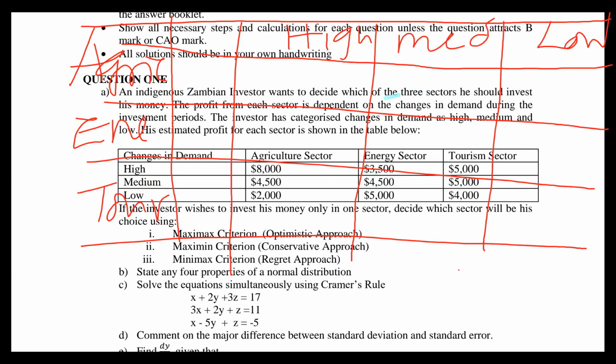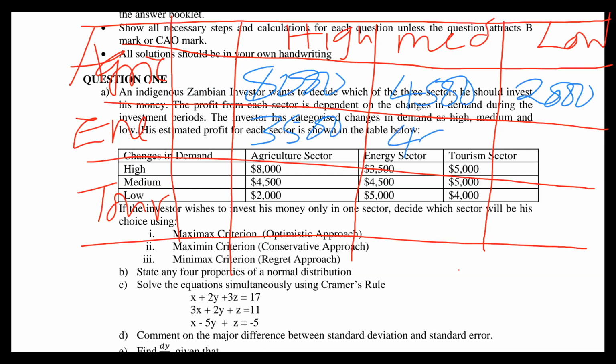It should be like this: 8,000 for high demand, medium 4,500, and 2,000 for low demand. You do the same for the energy sector: 3,500, 4,500 and 5,000.